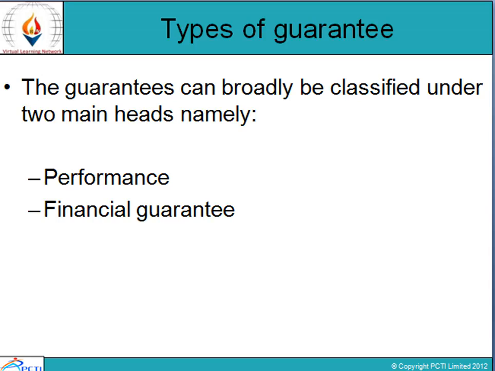When we talk about financial guarantees, these are the type of guarantees given to secure loan transactions or certain financial obligations, whereby the bank, which is the guarantor, undertakes to make the payment to the beneficiary within the limits of the stated sum of money in the event of default by the debtor.